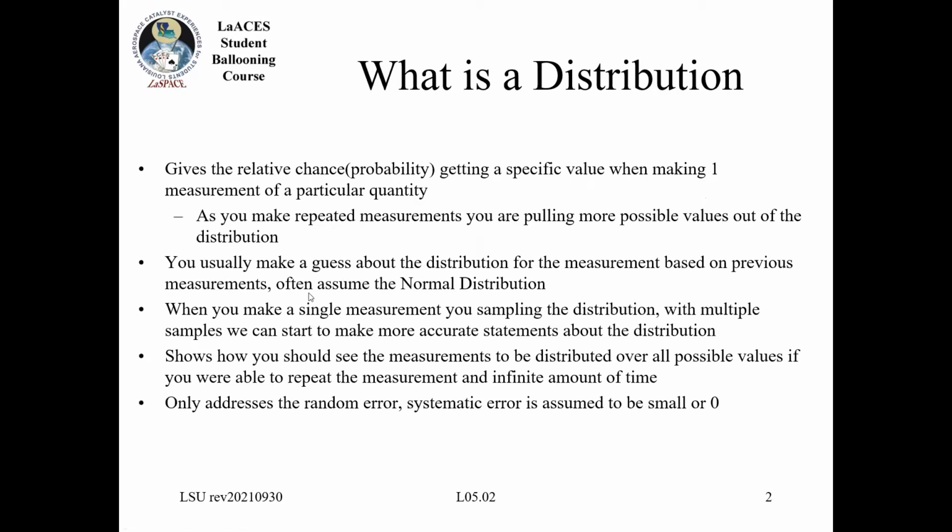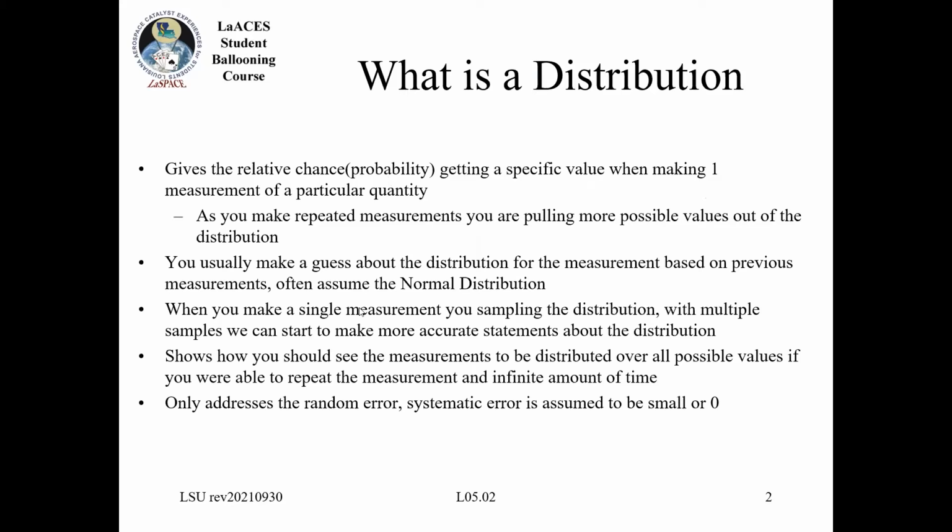So one thing that we brought up when we were specifically talking about random error in the last discussion, we said that what makes it random is that random error follows a statistical distribution, but we didn't really ever explain what a distribution is. So we want to cover that now.